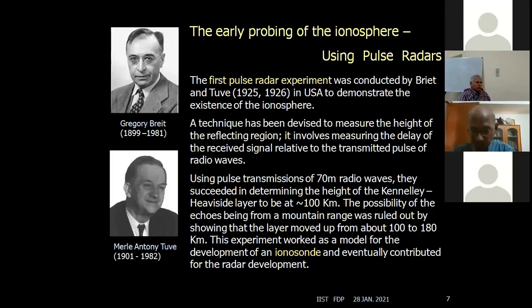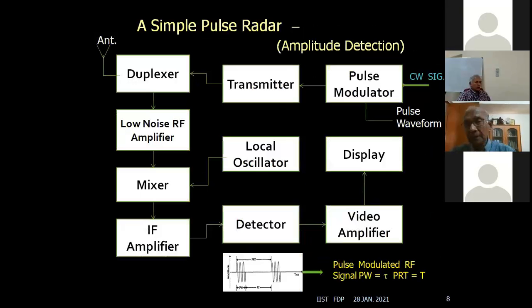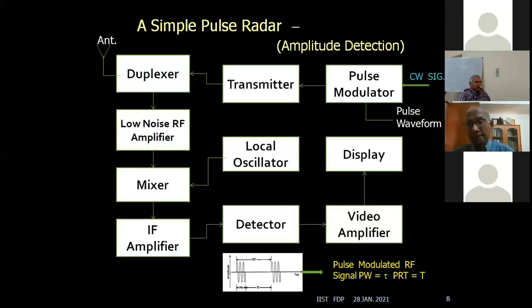So they built a pulse radar, and this is a block diagram similar to the one used by the first inventors of the pulse radar, Breit and Tuve. In the first stage, you feed a rectangular pulse and a CW radio signal, that is the RF signal.